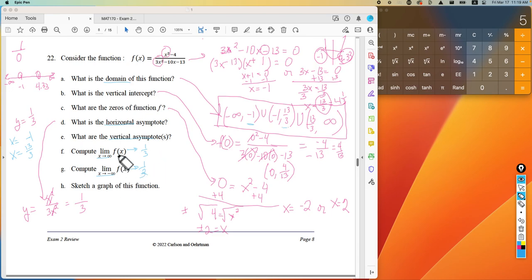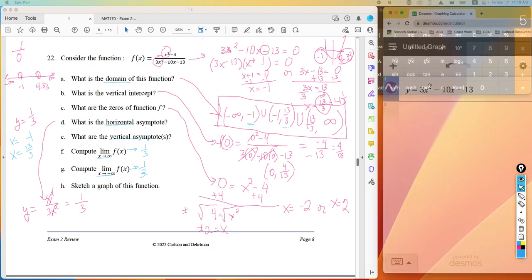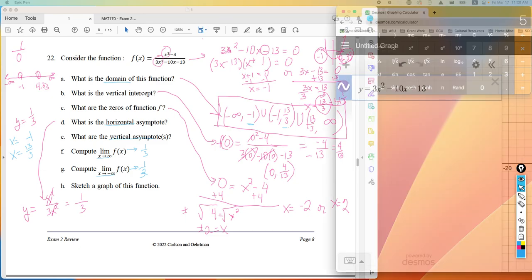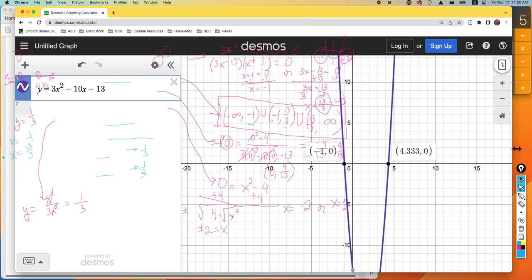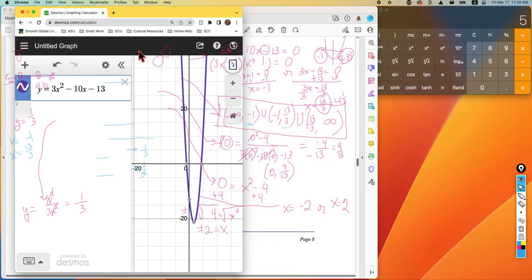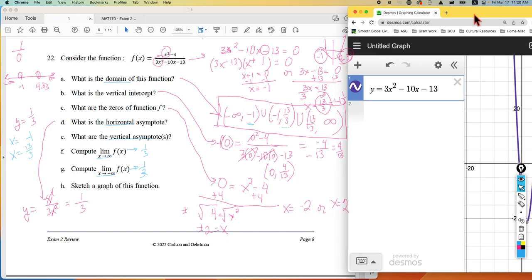What I'm going to do is go ahead and use decimals again. We'll put this in here, and we'll be able to put in the horizontal asymptote and the vertical asymptotes, and we'll see how this graph fits right in there. Let me just bring part of it over here. Let's see if it'll let me do that. Not really, huh? I think I can shrink it up this way.